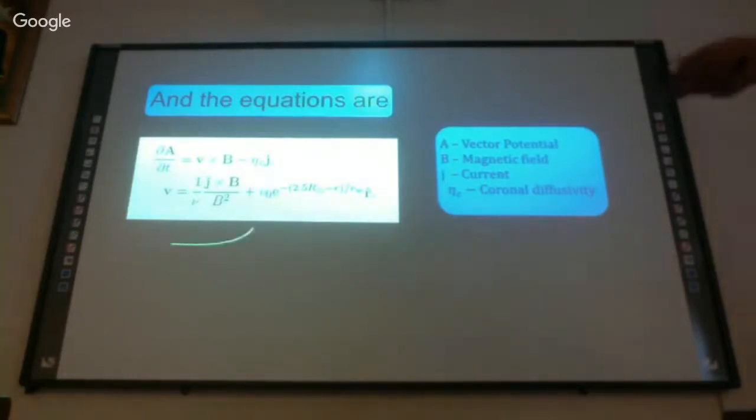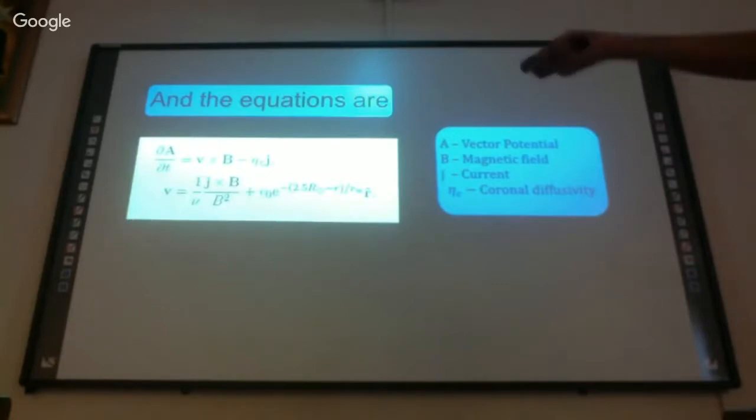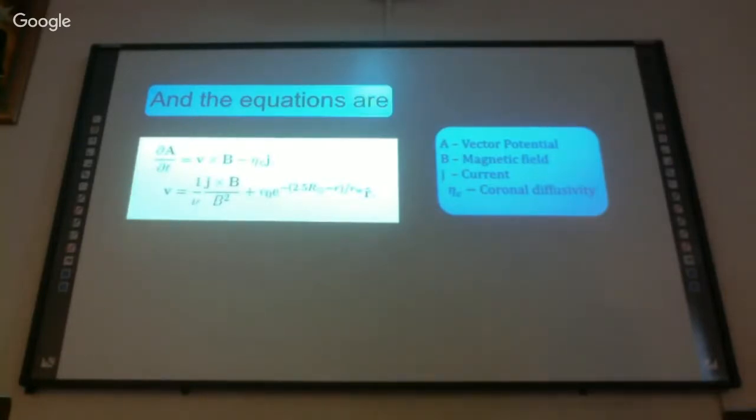So since we assume that the velocity is determined only by the Lorentz force, we take the velocity as proportional to J cross B. This is the magnetic frictional coefficient, which determines how fast or how slow you want the velocity to be. We fix this so that our code is stable. If you have this too low, the velocity will become very high and your code will become unstable.